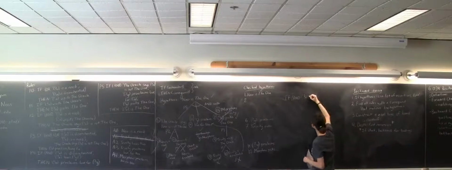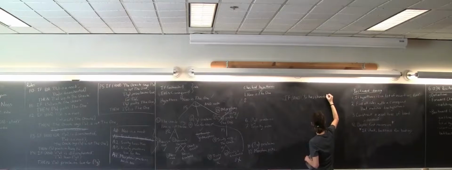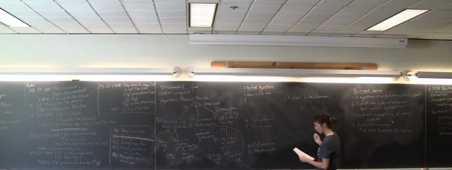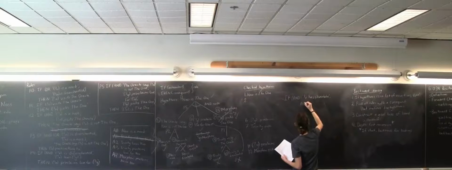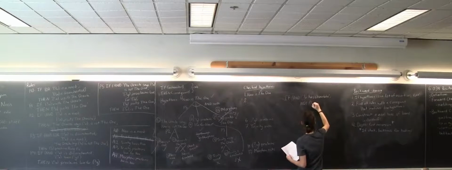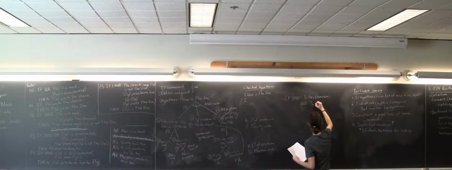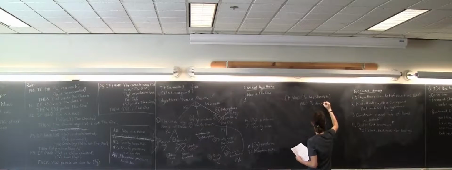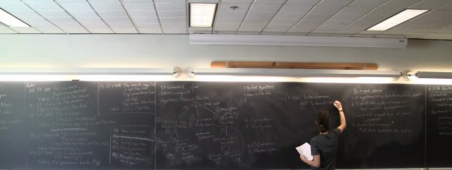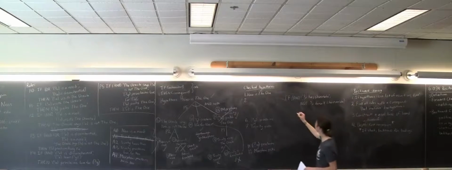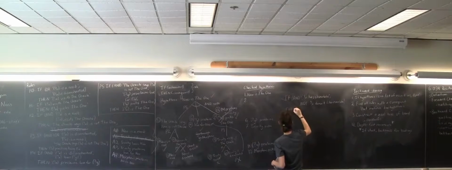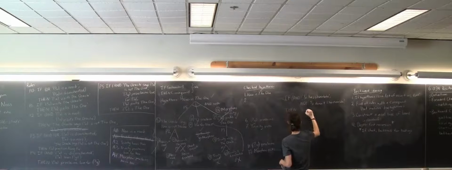If X has chocolate, and if X happens to be a person who doesn't like chocolate, we're going to write that as not X doesn't like chocolate, then X is happy.